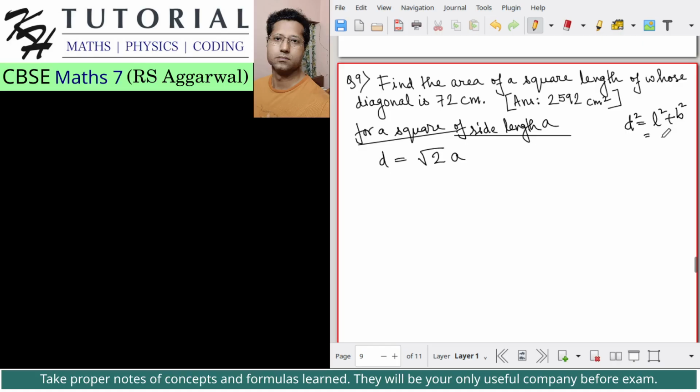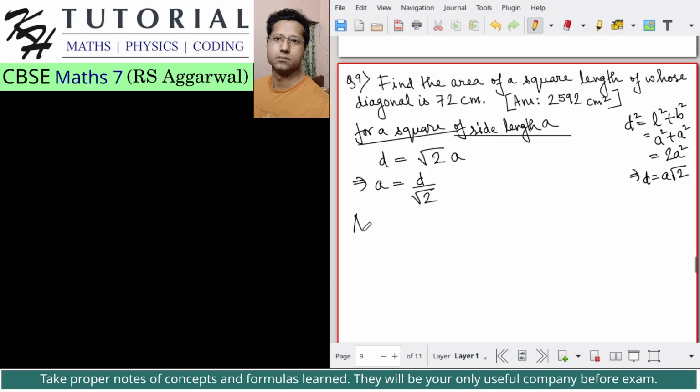If the side of the square is A, this will be A square plus A square, which is 2A square. So D is equal to A multiplied by square root of 2. Okay, so we know this. So A, the side of the square, is D by square root of 2.